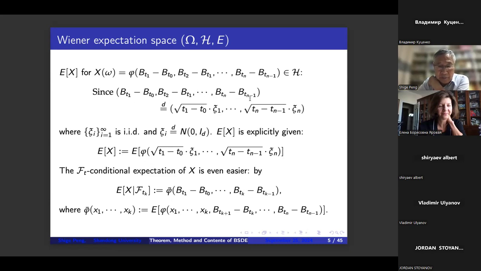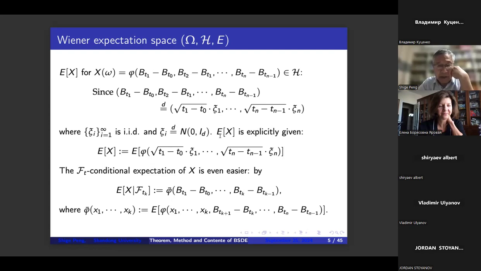These random variables are identically distributed, like the square root of t1 minus t0 times psi_1, till the square root of tn minus tn-1 times psi_n, where psi_i are IID random variables with the standard normal distribution.